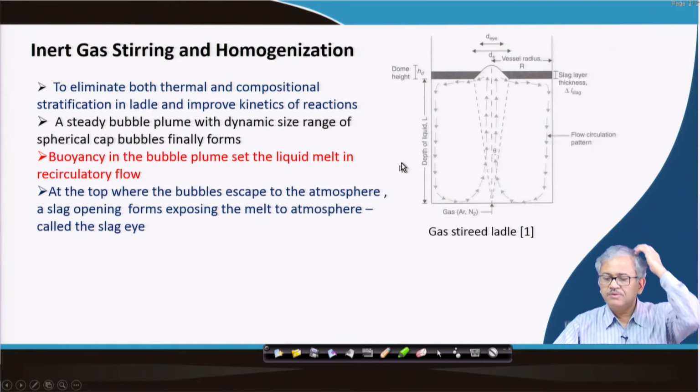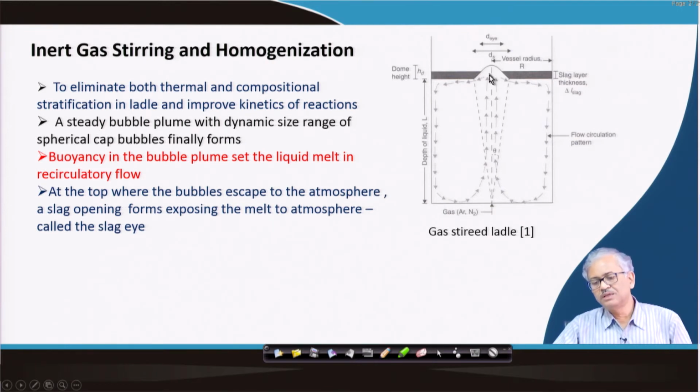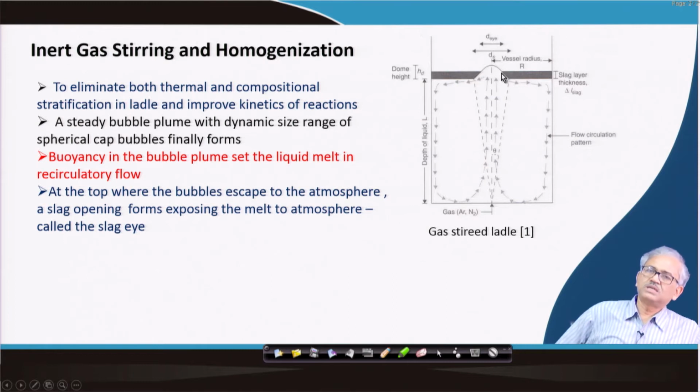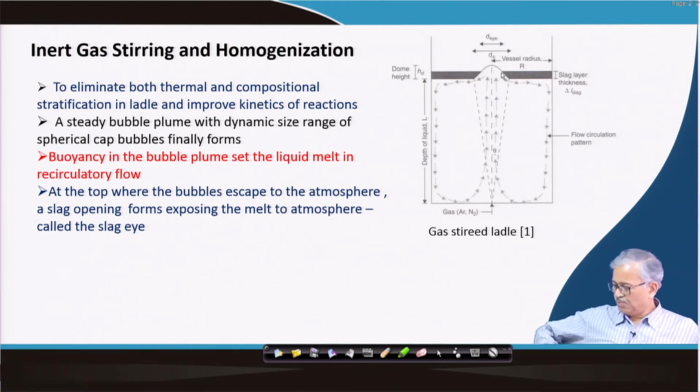And also you can find at the top, these bubbles finally break the slag layer and escape to the atmosphere. And the liquid is moving in a radially outward direction. So in this region, the slag is taken away. When the bubble is pushing and the slag is taken away, the slag gets opened up.